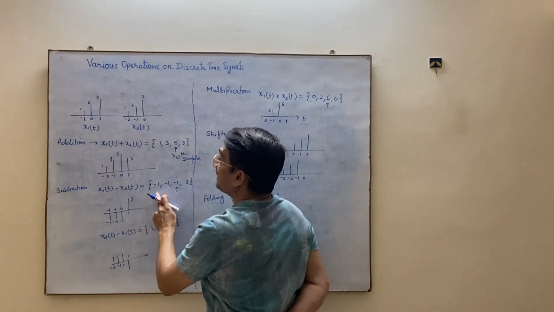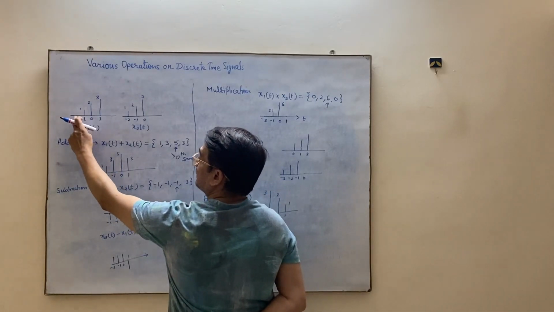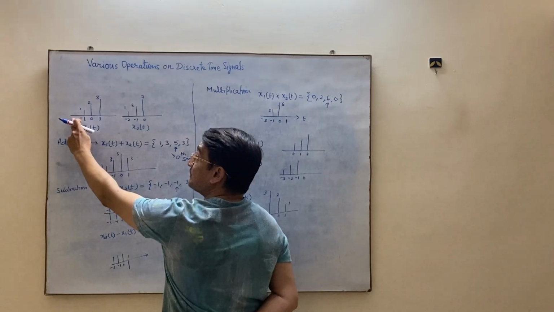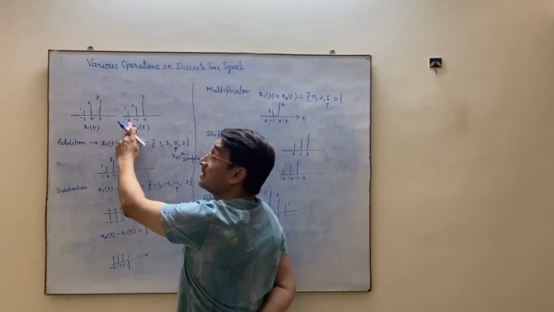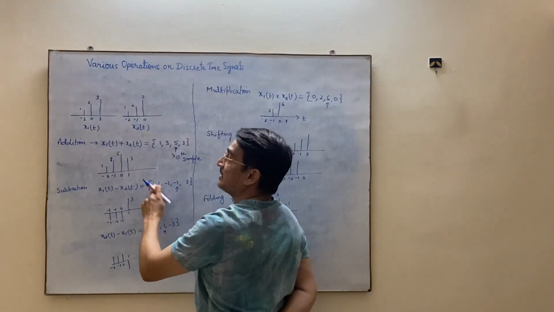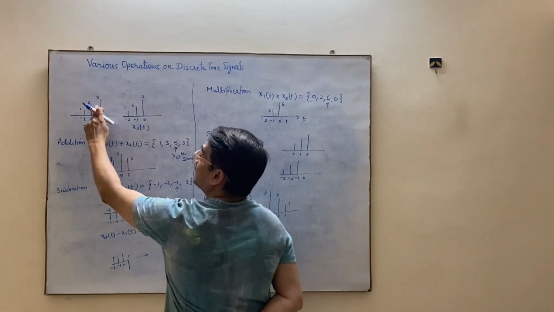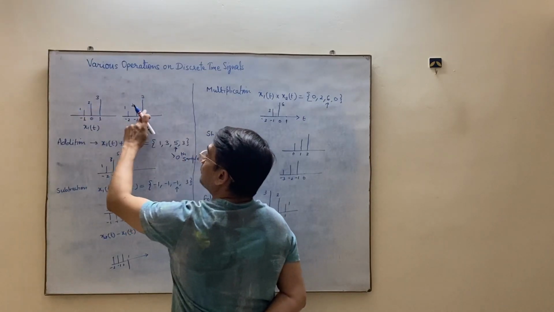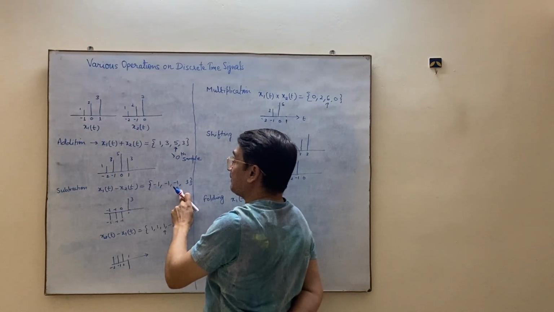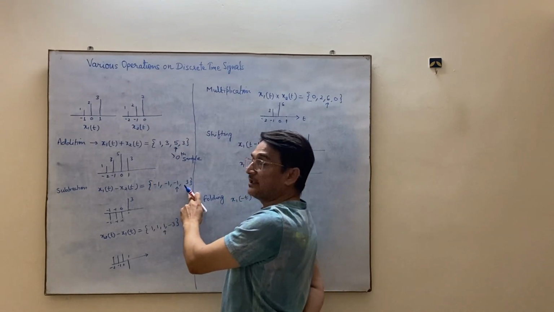At -2, x1 has value 0 and x2 has value 1. So 0 minus 1 will be -1. Then 1 minus 2 is -1. Then 2 minus 3 is again -1, and 3 minus 0 is 3.